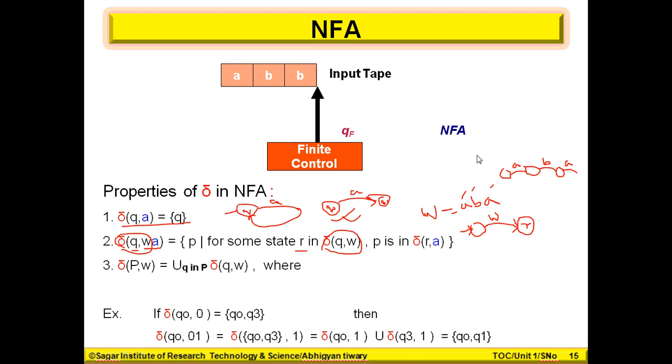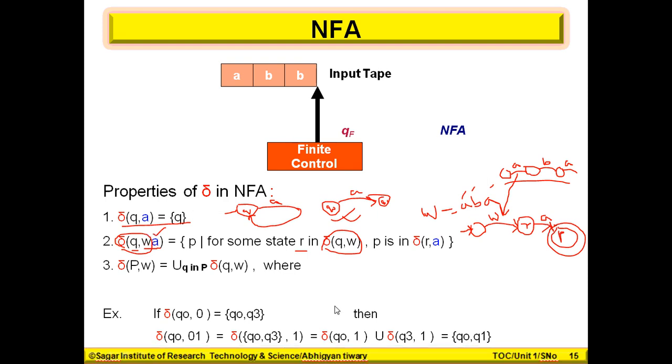So this is the intermediate state which will come here itself. By reading this, we will finally reach R, and in R we are left with only the last alphabet. By reading this one, we can reach our final state. That's all. So this is the notation which we are going to use for this final state.